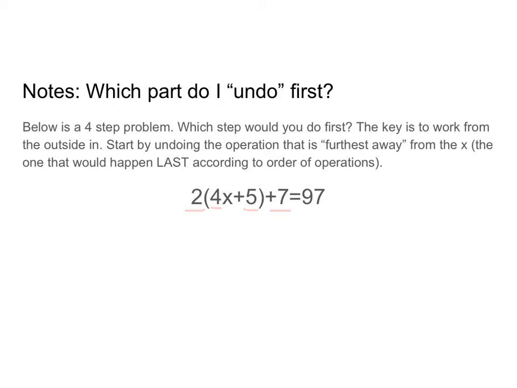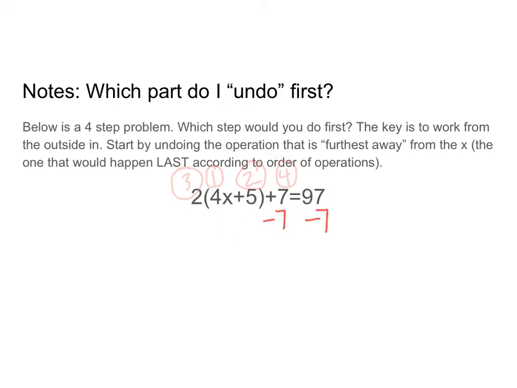So if you substituted in a number for x, first you would multiply by 4, and then you would add 5. And then you would multiply by 2. And then you would add 7. So when we're solving, we want to do those steps backwards, starting with 4, then 3, then 2, then 1.